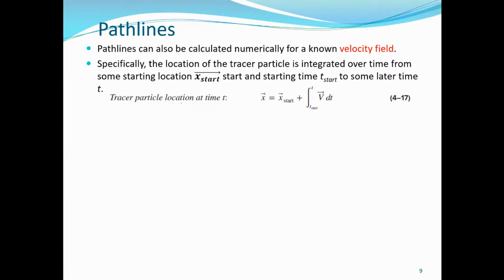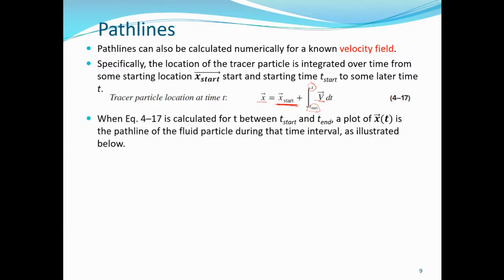The tracer particle at location at t, which is x bar, will be equal to the position vector at the beginning, plus the integral of the velocity vector dt, t from the starting time to the time of interest. So what is most important here, if we know the starting point of the particle, and then we know the velocity field, then we can trace out the path line using this equation.